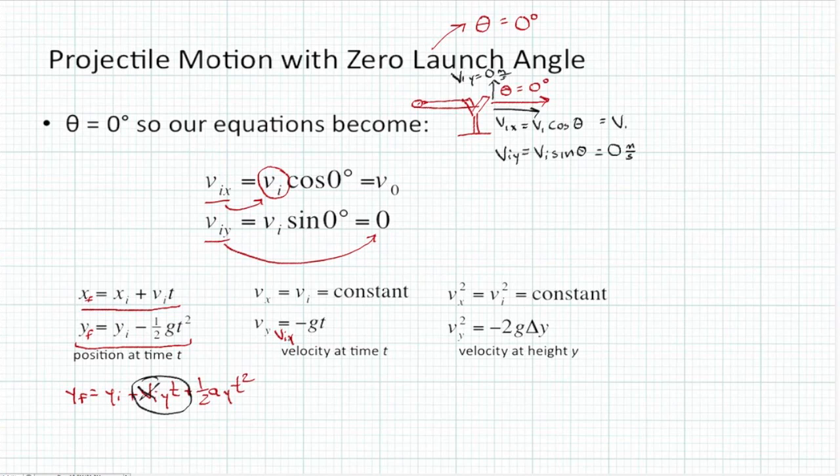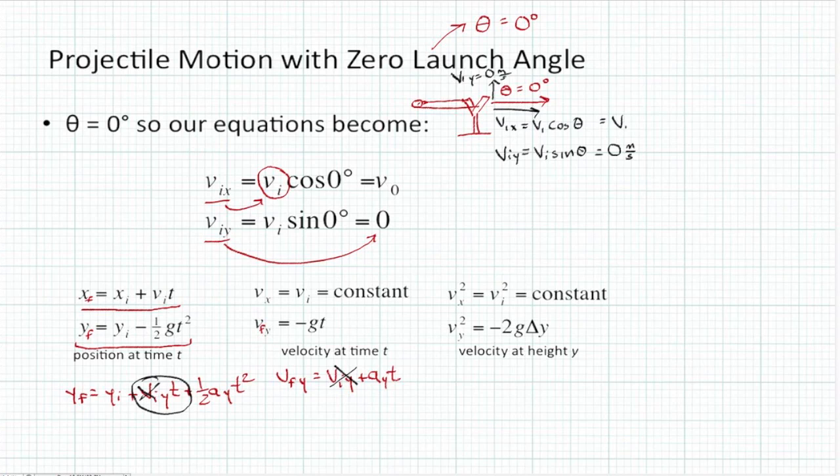But since the initial velocity in the y direction is 0, that simply goes away. I'll write the original equation right here: v final y equals v initial y plus acceleration in the y direction times time. There's your acceleration, there's your time, there's your v final in the y direction. But the initial velocity in the y direction went away, because if there's zero launch angle, then there's no y component of the original velocity.